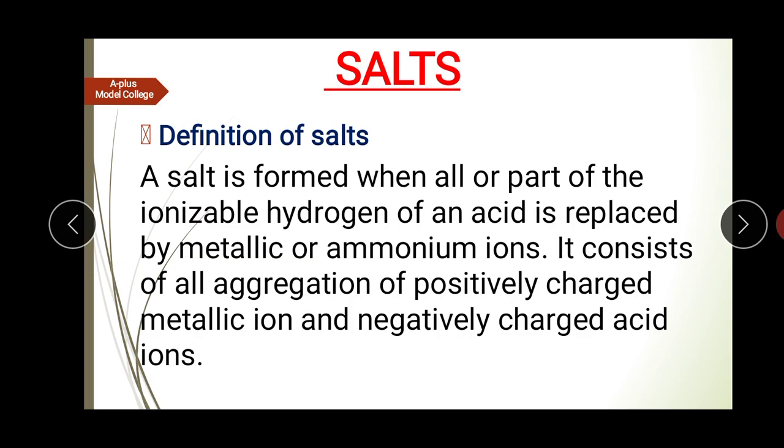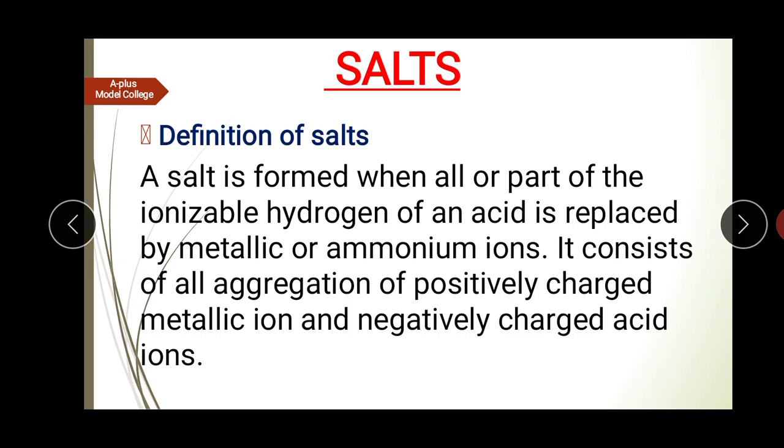So when part or all of the ionizable hydrogen of an acid is involved, because every acid has an amount of hydrogen that can ionize. That is what we talk about when we talk about the basicity of an acid. That is the number of hydrogen ions that can ionize.